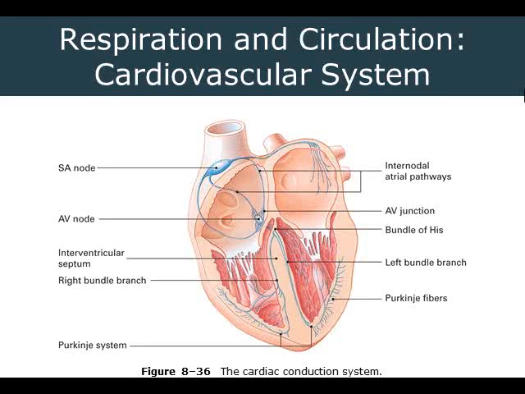It's dispatched down the bundle of His, split down into the left and right bundle branches, and then further separated out through fascicles, and then finally down to the Purkinje fibers. Those Purkinje fibers are the ones that actually let the electricity go into the muscle tissue and allow the heart muscle to start to depolarize from basically the bottom up.